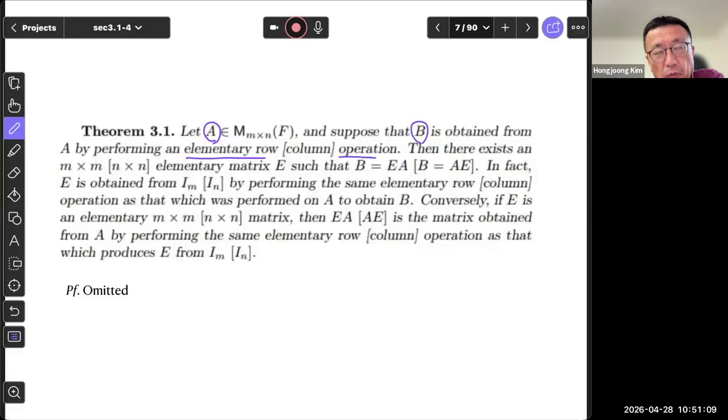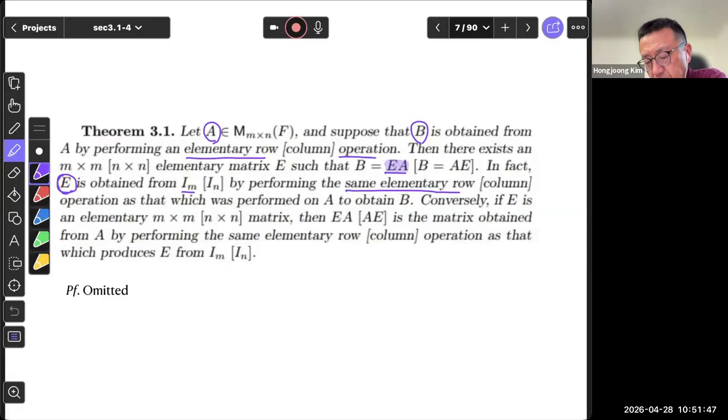Then when you perform the same elementary row operation on the identity matrix, you get some elementary matrix E. And then if you multiply E to A from the left, then you get B matrix.